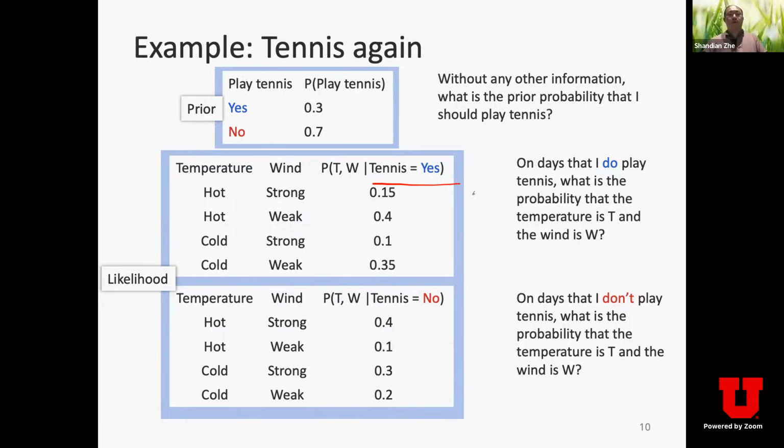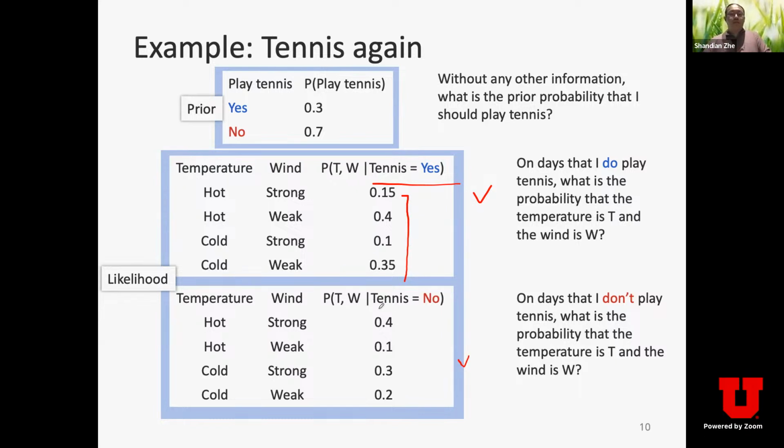So we actually have two tables. One table is, given play tennis is yes, meaning my label takes value 1, the probability that your temperature and wind take different values. You actually have 4 combinations, so you assign probabilities, and if you add them together, it will give 1.